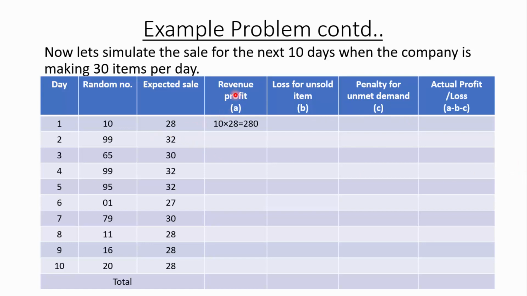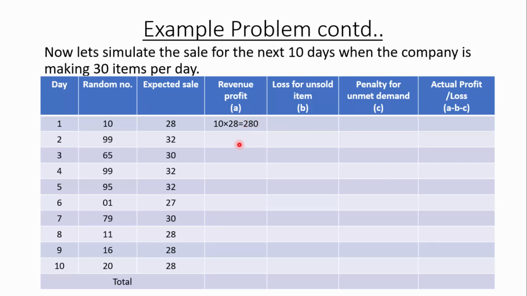First we'll calculate the revenue profit. We have seen that it is rupees 10 per unit. For 28 units we can sell all 28, because we are making 30 items per day. So here the value is 280.